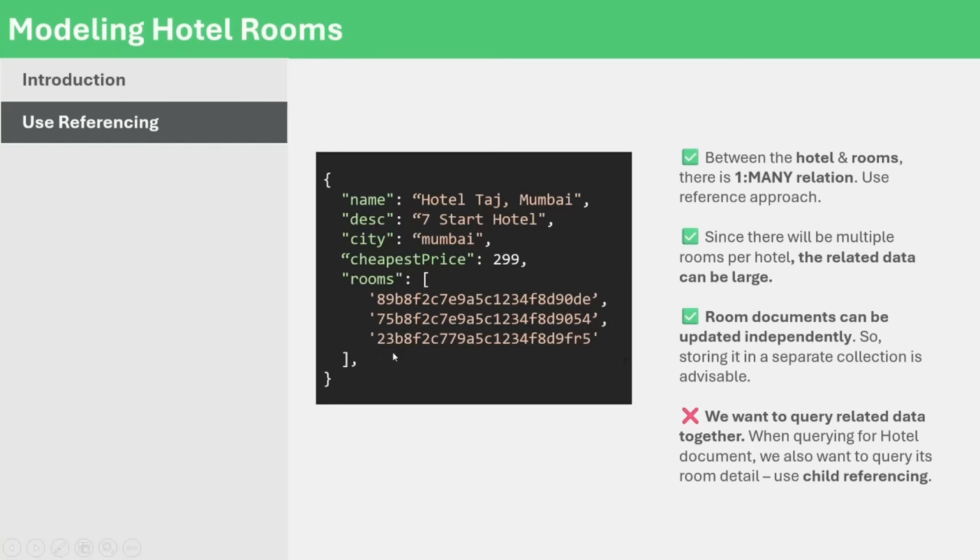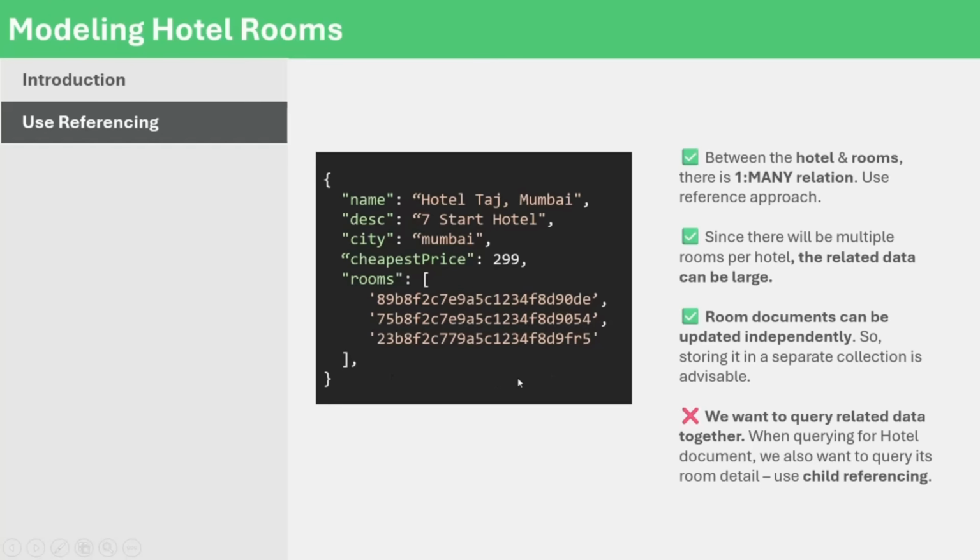Basically, here we are going to store the references of all the child documents in the parent document. The parent document will be the hotel document, and the hotel document is going to store the references of all the rooms associated with it. And since I want to query related data together, when I query the hotel document, I also want to query all the rooms associated with that hotel.